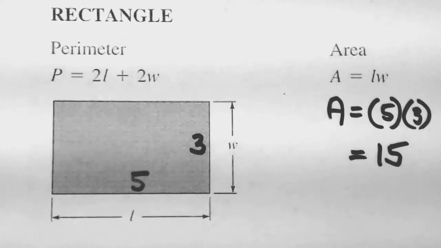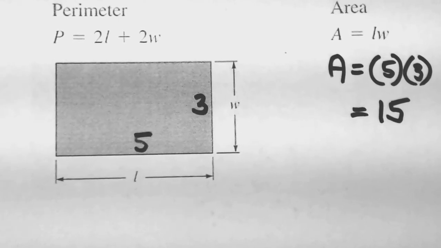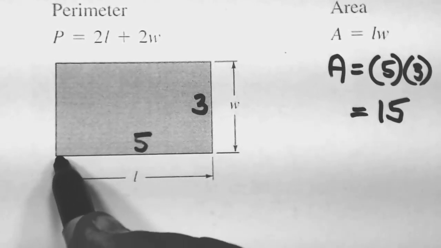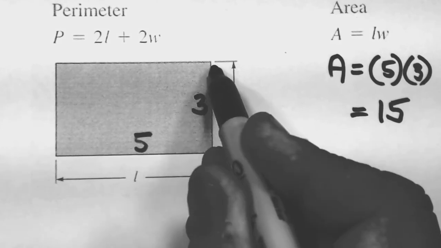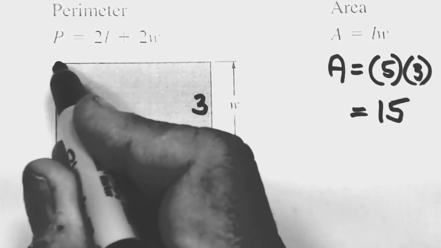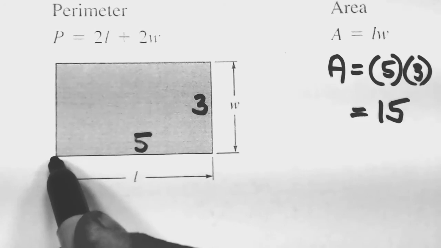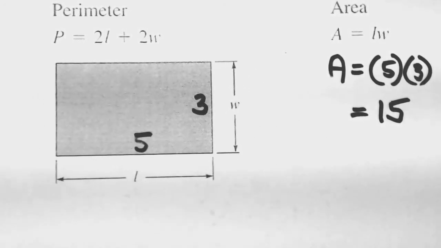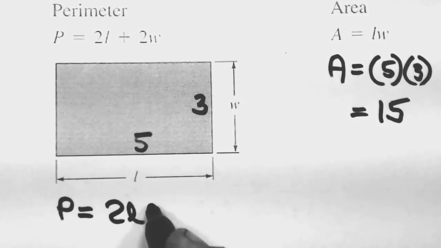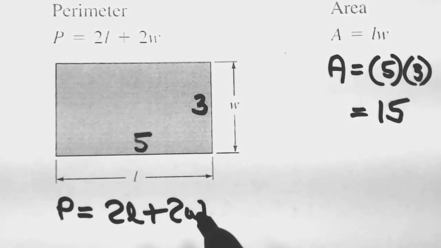Okay, perimeter. 2 times the length plus 2 times the width. If you start at one corner and go around, here's one length, here's a width, here's the second length, and here's a second width. So you can see that you'll get 2 of the L's and 2 of the W's. So you can simply say P equals 2L plus 2W.